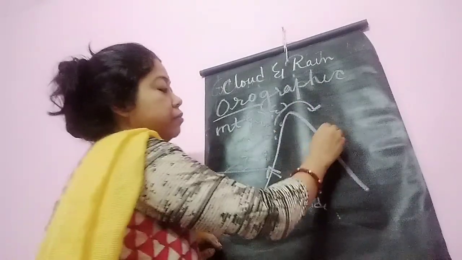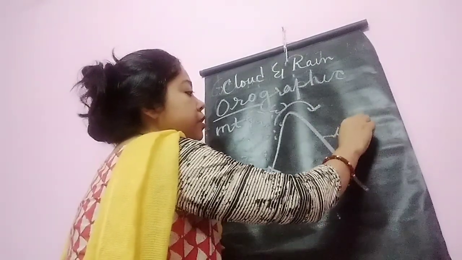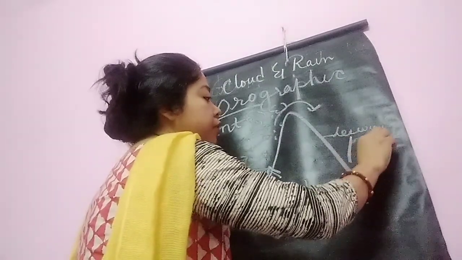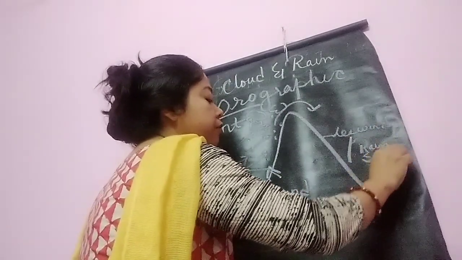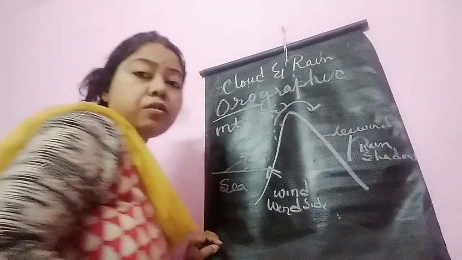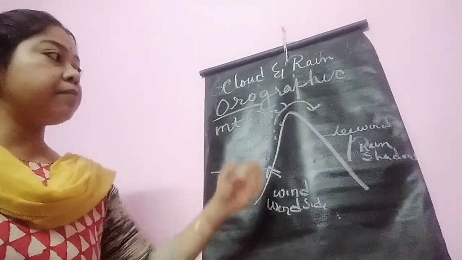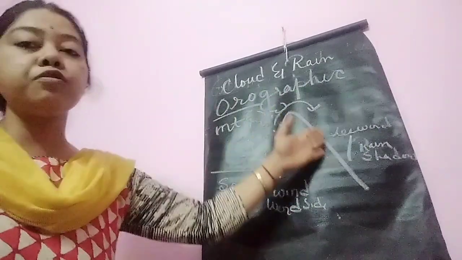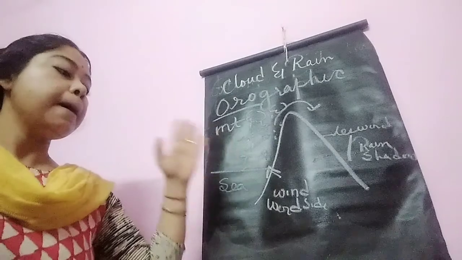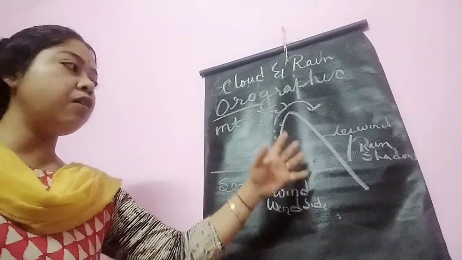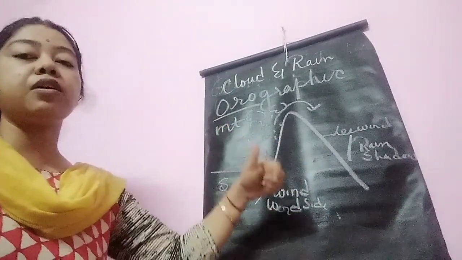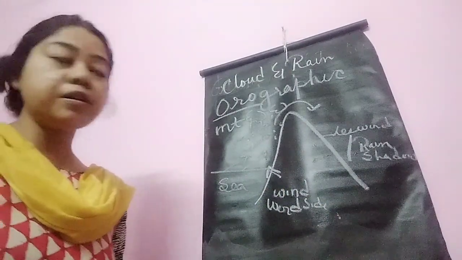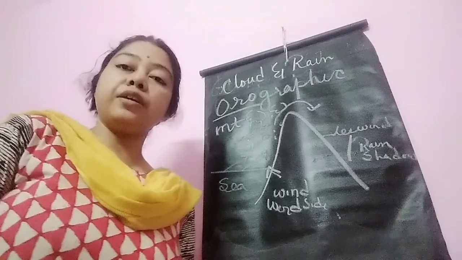This side of the mountain is known as the leeward side of the mountain or rain shadow region.